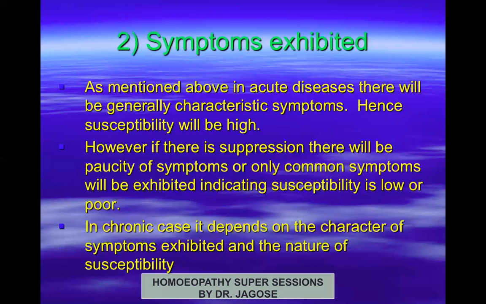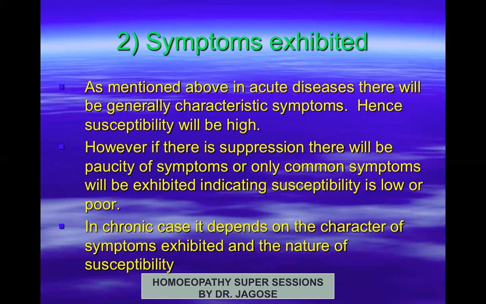Now, symptom exhibited. As I told you, in acute diseases, the symptoms will generally be characteristic in nature, hence the susceptibility will be high. However, if there is suppression, there will be paucity of symptoms or only common symptoms will be exhibited, indicating susceptibility is low or poor.